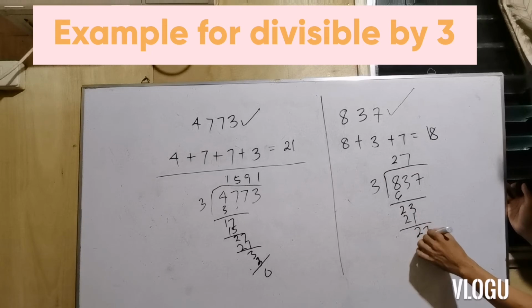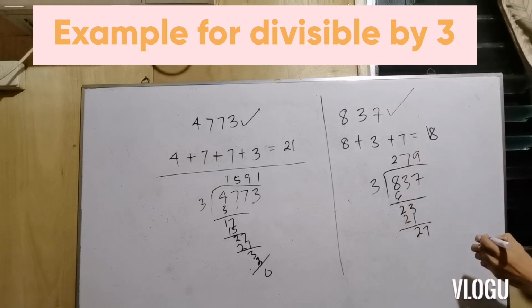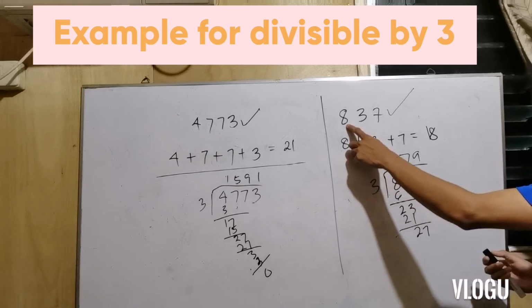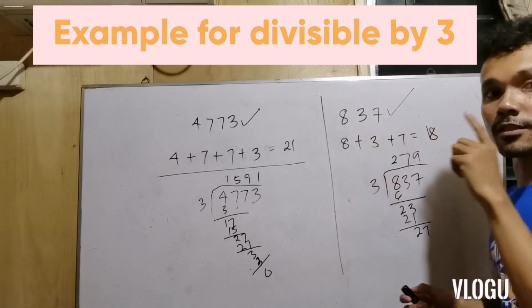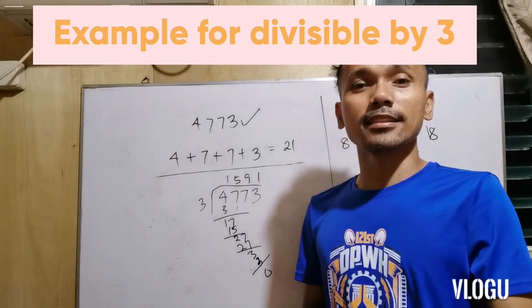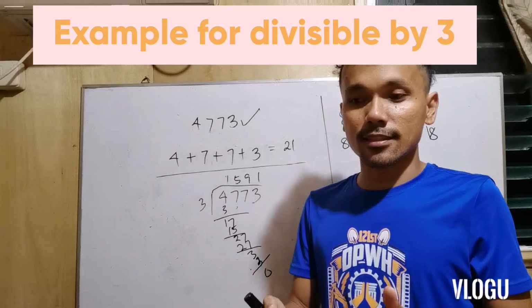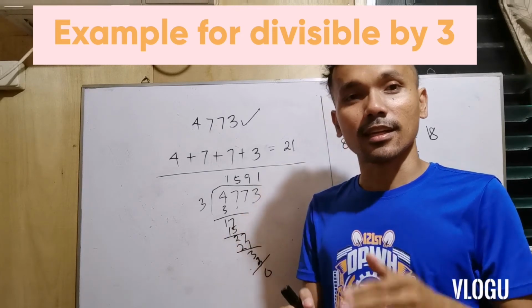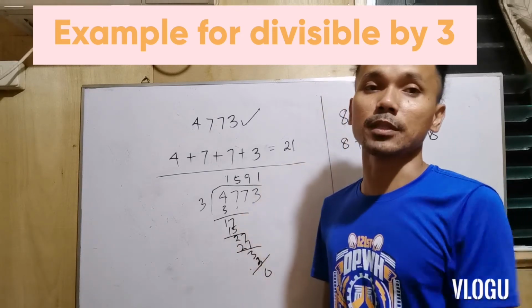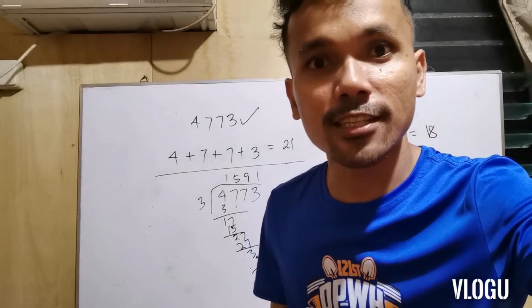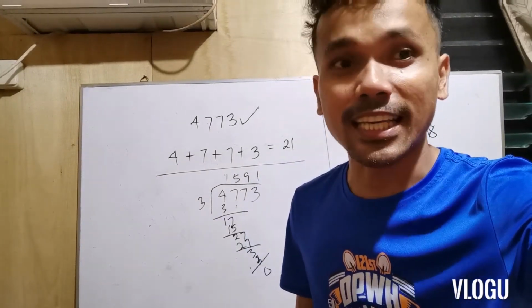I have 2, I have 7, I have 9. 279. So, it's divisible. Pwede ma-divide. Ang ginawa lang natin, in-add natin ang digits, tapos, if the sum of the digits ay divisible by 3, therefore, the number is divisible by 3. Okay? So, that's it for 3.